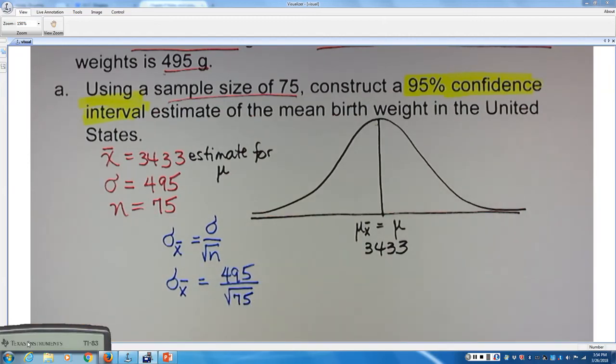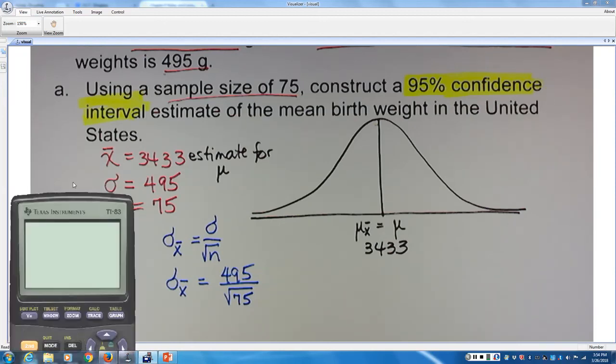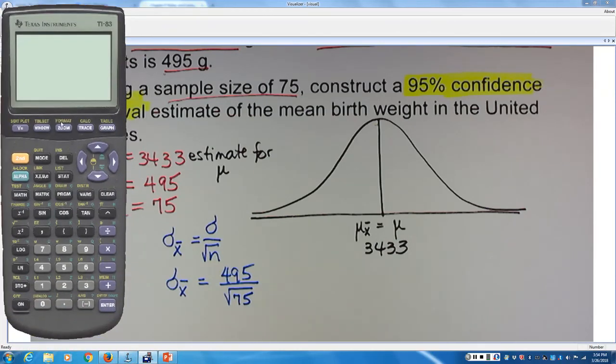So that's going to be 495 over the square root of 75. Now I'm going to go ahead and calculate that out, but I'm not going to use it. I want you to have an idea of how much that is. So our standard deviation is about 57.2.